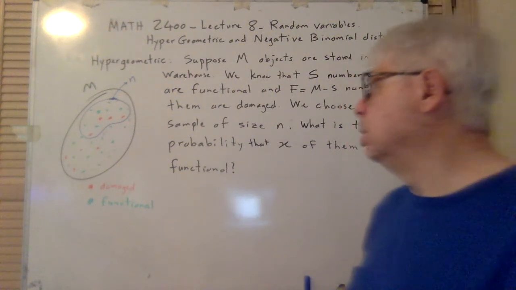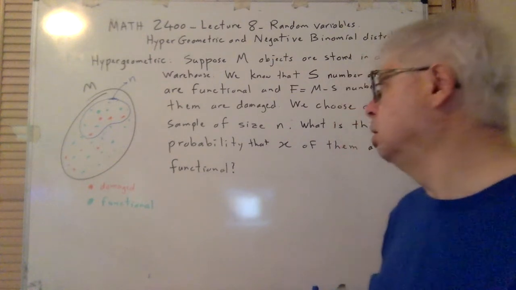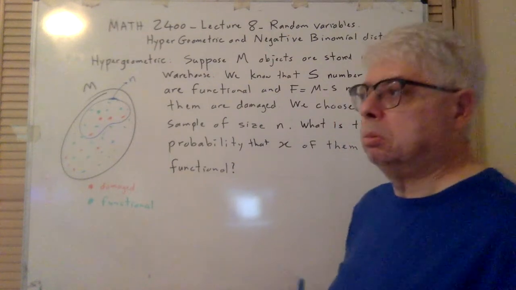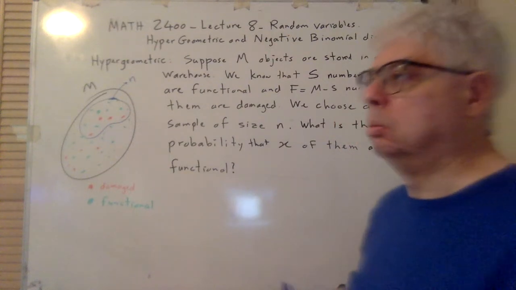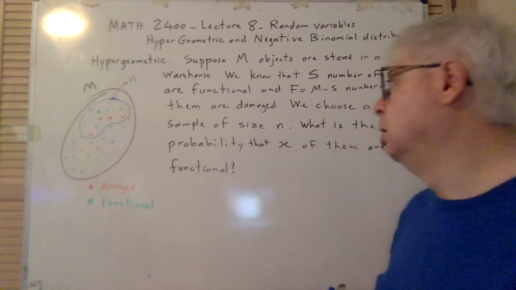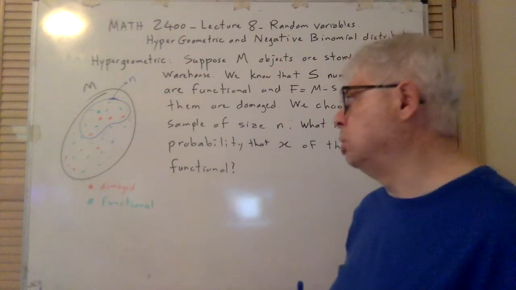So the person who is deciding should balance between paying too much and getting good things, and paying much less and getting bad objects.